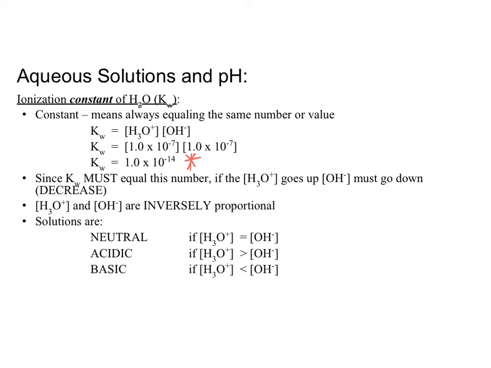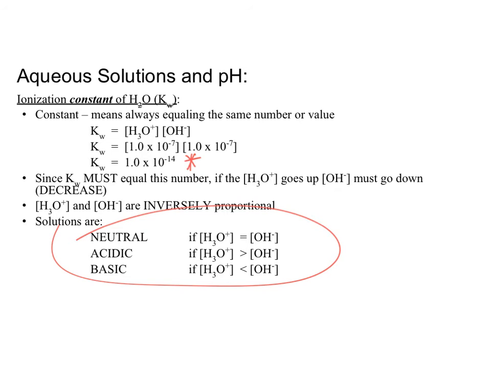In an acidic solution, hydronium ion is greater than hydroxide ion, and in a basic solution, hydronium ion is less than hydroxide ion. You should probably know this because you are going to be asked to identify whether or not a solution is acidic or basic based on the ion concentrations present. So you should probably memorize that.